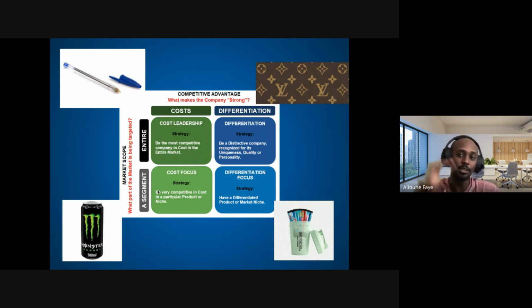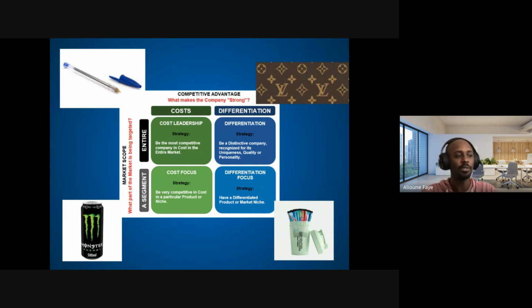Firms with a smaller market share but still very profitable, same thing, cost or uniqueness. But those that are not successful and are struggling are really in the middle, because they can't figure out whether they want to go with the cheapest way of doing their products or services, or being unique.